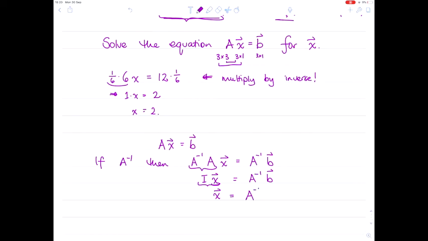So we could solve this equation like so. If we can find this inverse, then we just multiply B by it, and that will tell us what X is equal to.